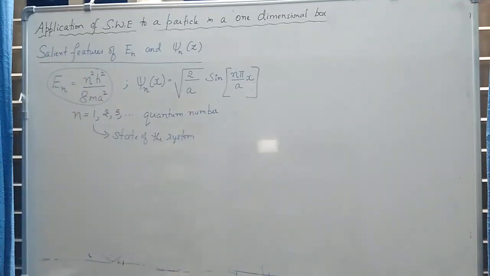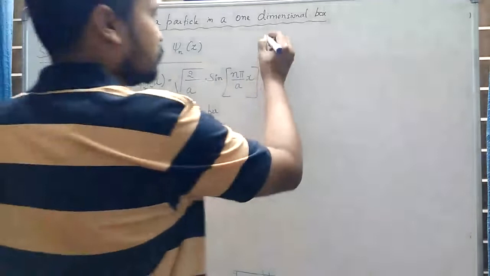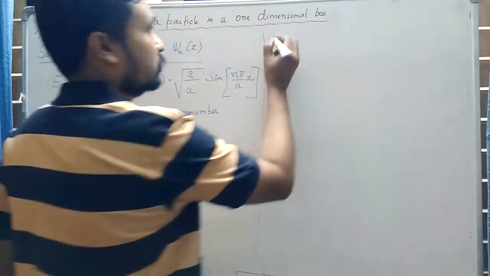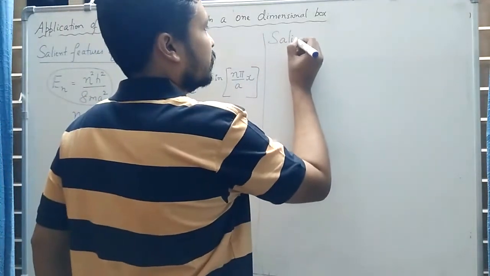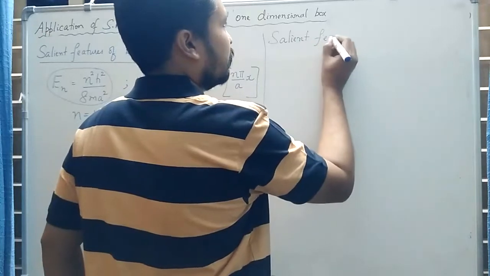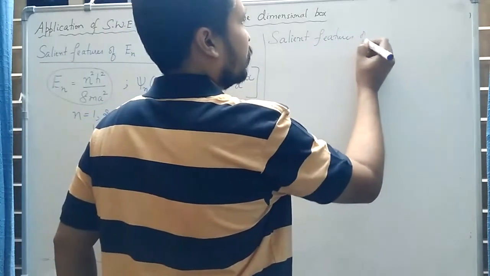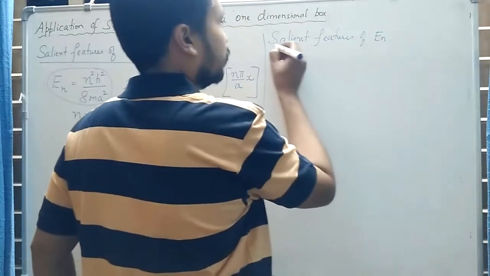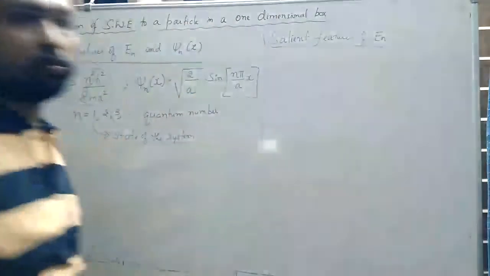But some of the points that we will note down here are very important because we can generalize them for quantum mechanics. So let us observe some important points related to energy, the salient features of energy En of the particle in a one dimensional box.